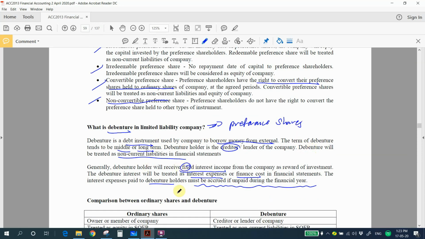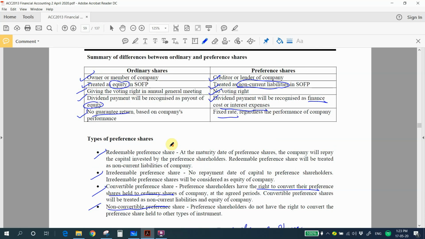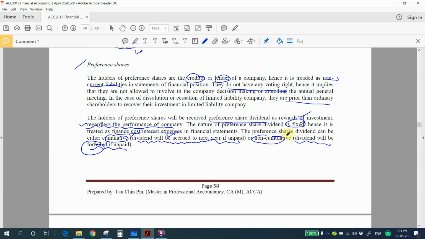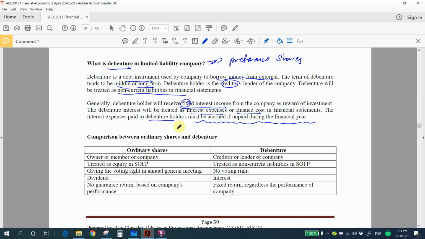Fixed. So the only difference between debenture and preference share is, for preference share you can convert to ordinary share, and for preference share you have non-cumulative. It means that dividend will be forfeited if unpaid. For debentures, all the interest must be paid in the next financial year if unpaid during the year.